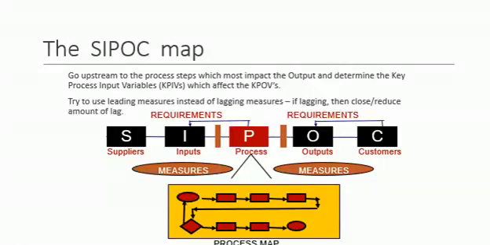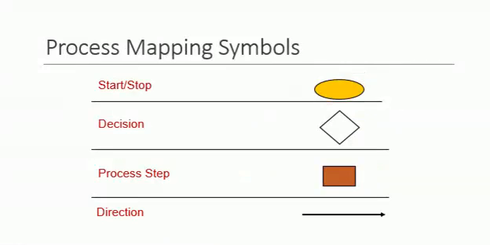So what do these elements represent, and what are the process mapping symbols in the SIPOC diagram? Number one, this one is the start or stop. It is basically similar to the flow chart one. This diamond sign is the decision, this box sign is the process step, and the arrow is the direction.